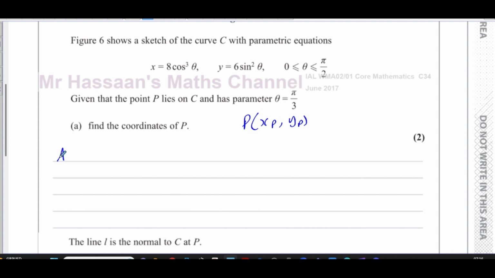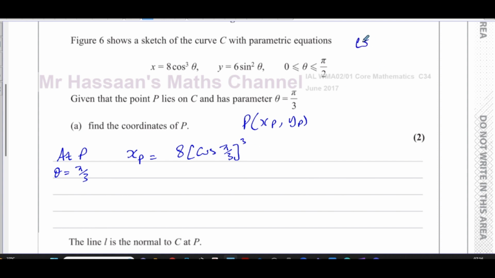Now we know at P, theta is equal to pi over 3. So the x coordinate of P is given by replacing theta with pi over 3. We have 8 times cosine cubed of pi over 3, which is 8 times the cosine of pi over 3, all cubed.